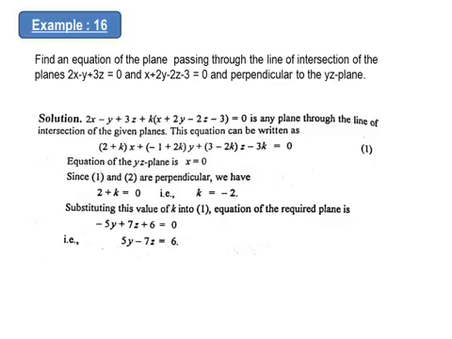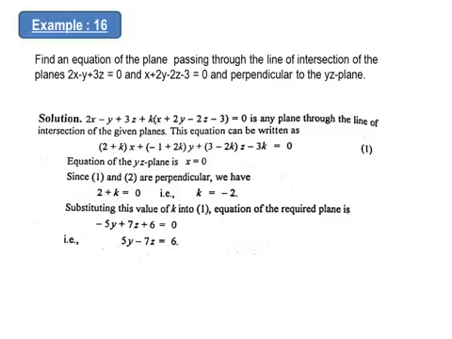So substituting x equals 0 in equation number 1, since 1 and 2 are perpendicular, we have 2 plus k equals 0, which gives k equals minus 2.